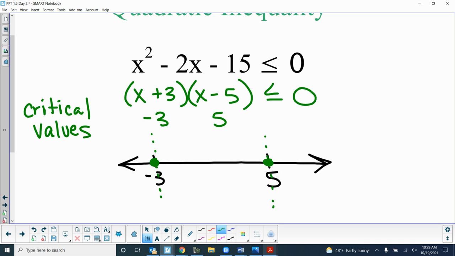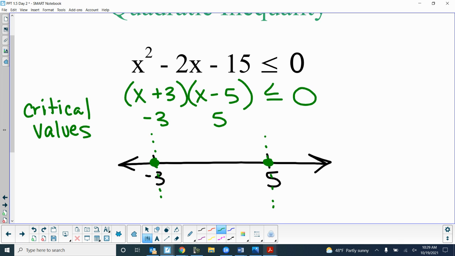If the equal to part wasn't there, I'd make them circles. Now, I got to figure out which direction to draw my arrows from there. And what you do is you pick a number from each area and plug it into the original problem. If that number works, you draw an arrow towards that section. So that's all we're doing is plugging in 3 numbers.